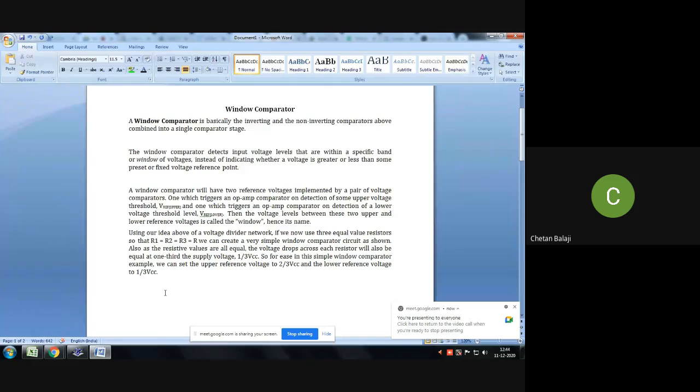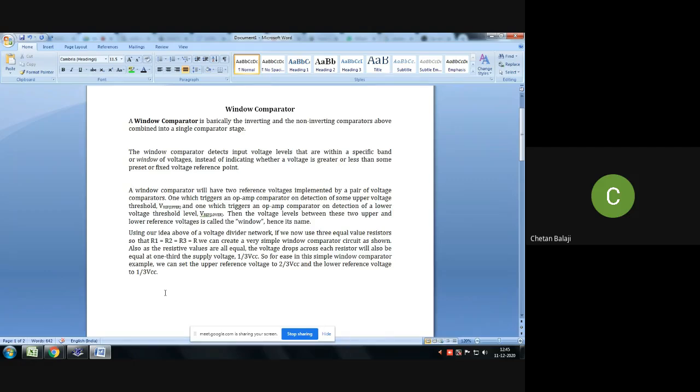Yeah, so if you look back at your Google Classrooms and YouTube links, we have explained the first two experiments of part A, that is the astable multivibrator using 555 timer IC and the relaxation oscillator using op-amps. In continuation, we have one more experiment to be done, that is the window comparator.